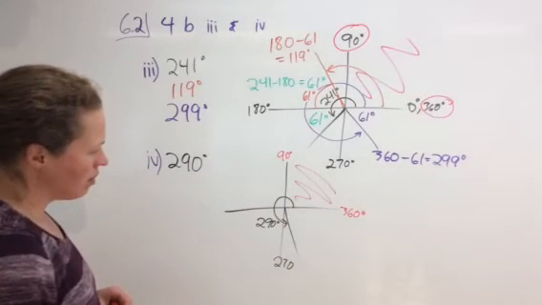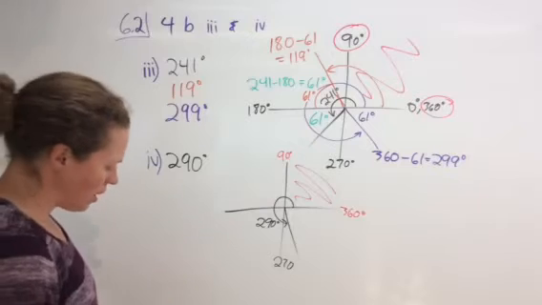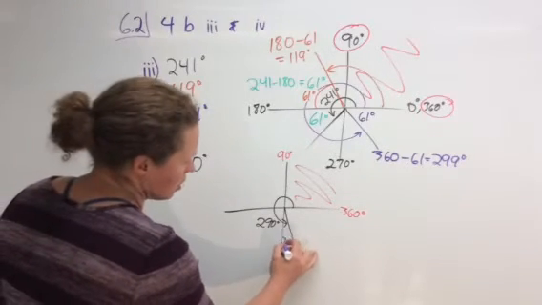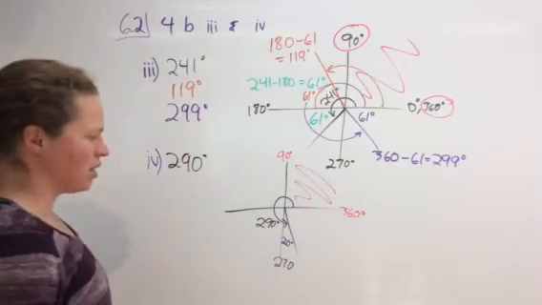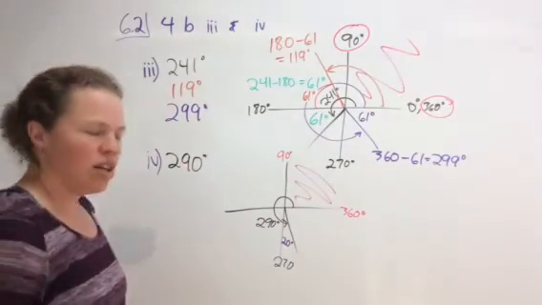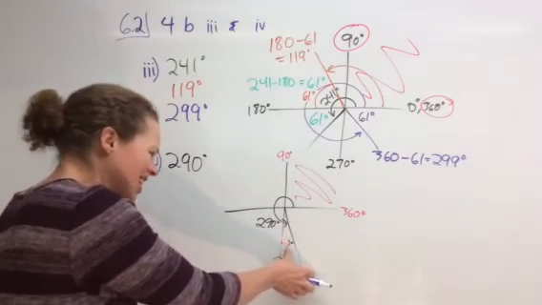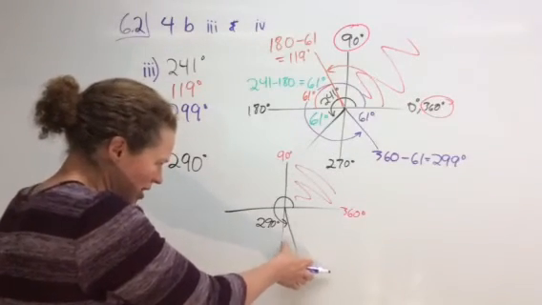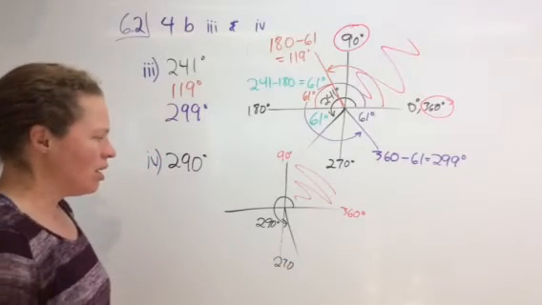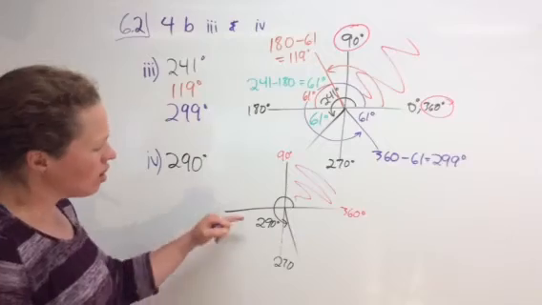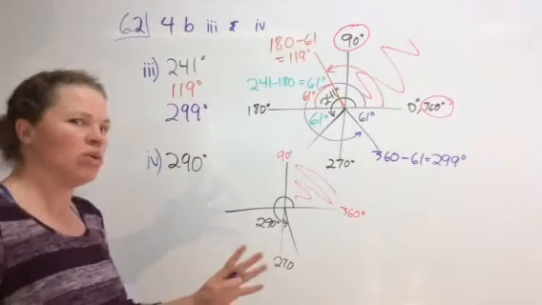All right, now this one's pretty easy to find the reference angle to start with because 290 is just 20 degrees past 270. So, oh wait, you never, ever, ever solve for between the y and the x, or the y and the line. Never, ever, ever solve for that one. This is one of those ones that's going to trick you because it's like, oh look, it's so easy to, no, don't do it.